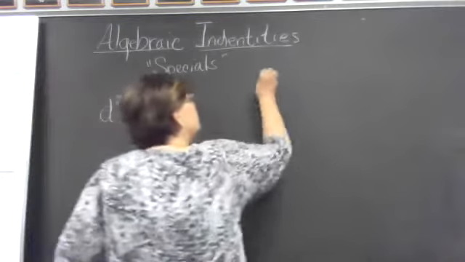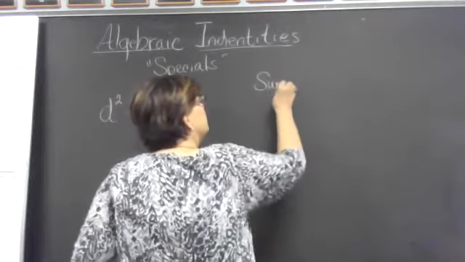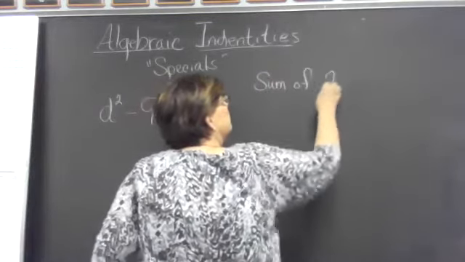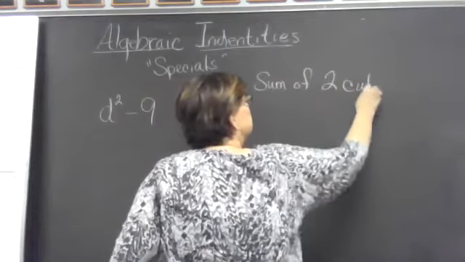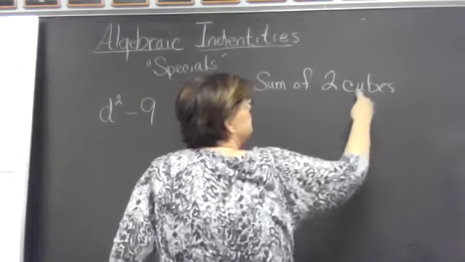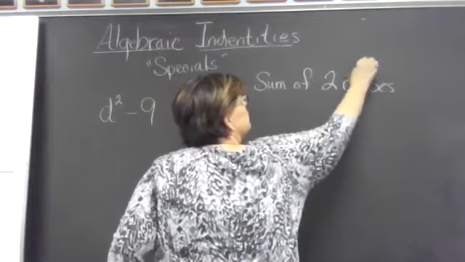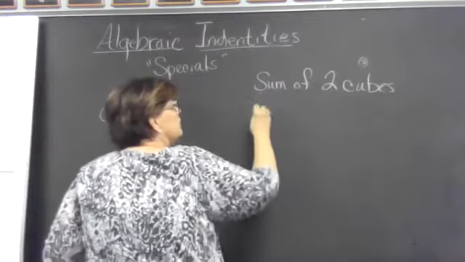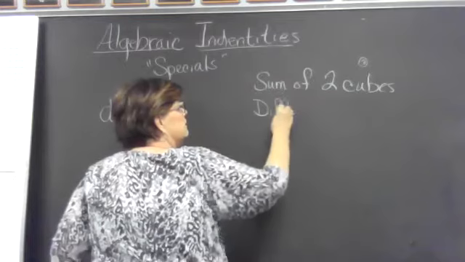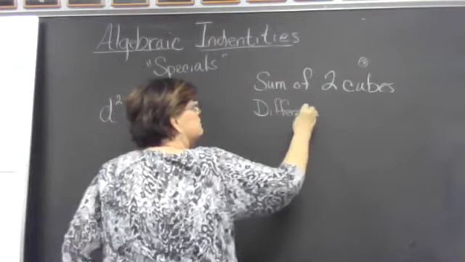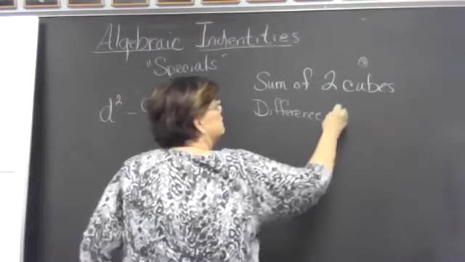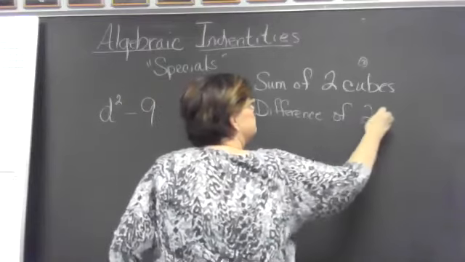Then you're going to have three different specials to choose from. One of them is called the sum of two cubes. And if you'll remember, cubes is the exponent of 3. There's one called the difference of two cubes.